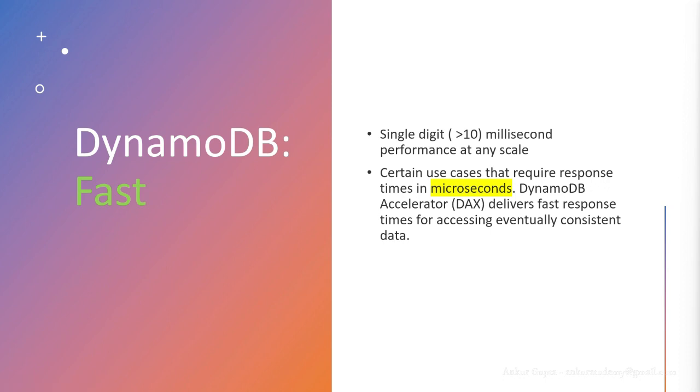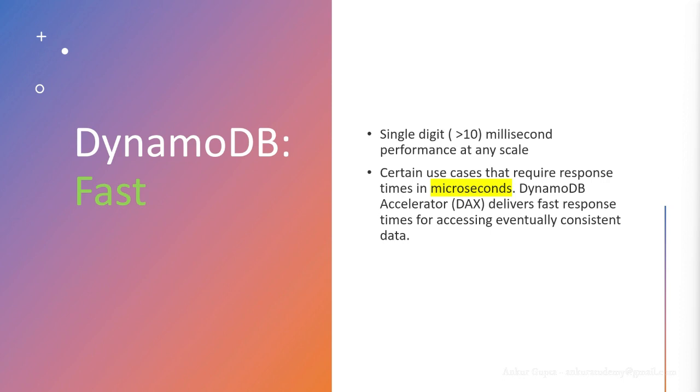Now DynamoDB is really fast. You can expect single digit or less than 10 millisecond latency performance, and this is available at any scale. So AWS guarantees that no matter what scale your application is going through, you can still get less than 10 millisecond performance for your queries.